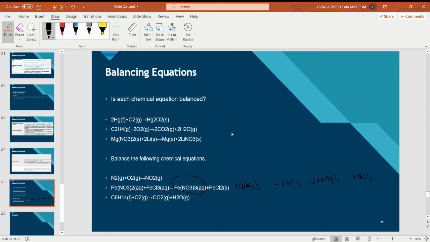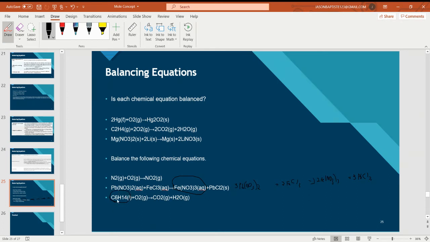Cool? And now we could go on to the last one. We have C6H14 going under combustion to get our usual carbon dioxide and water. So we start with, as usual, the most complex compound.